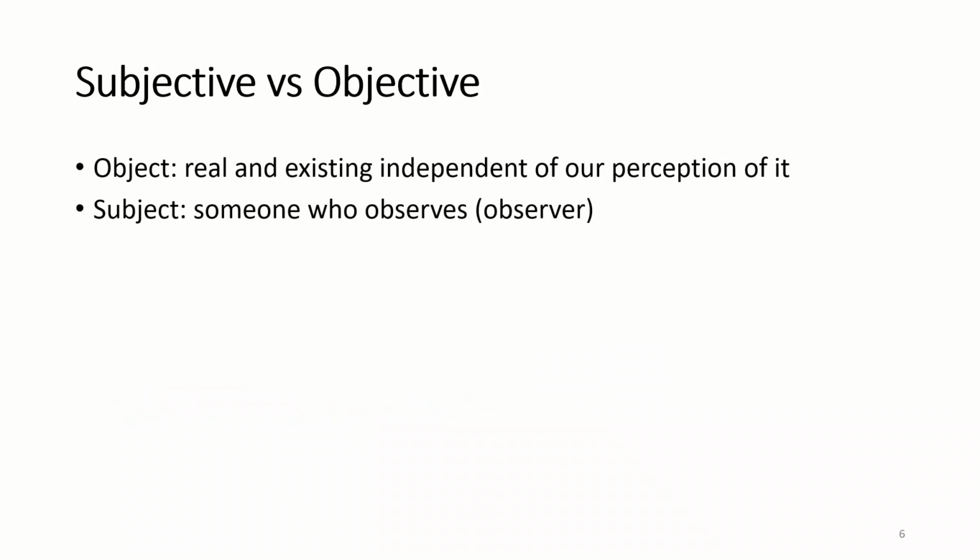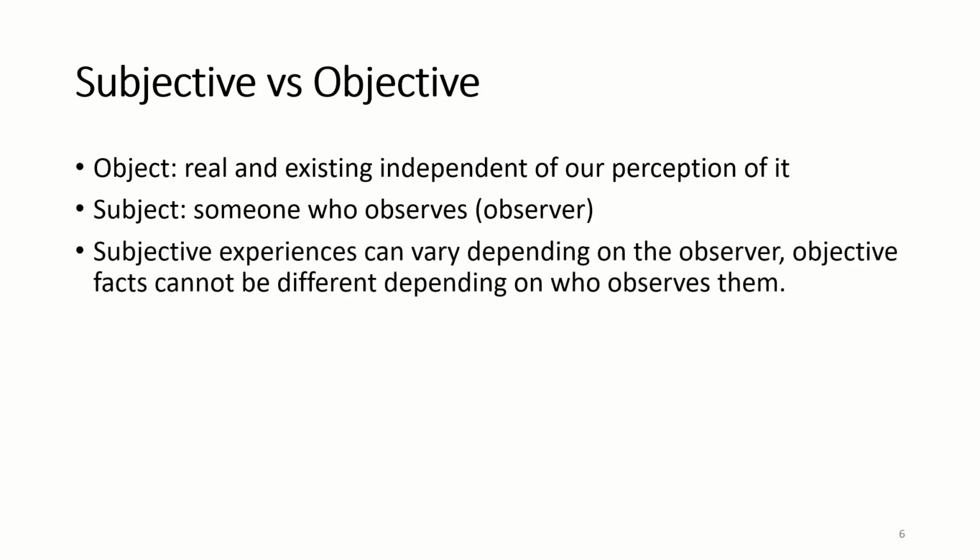We have two kinds of thinking, like a point of view: the subject's point of view or the objective point of view. Subjective experiences, being from an observer's point of view, can vary depending on who observes them. Like me, I can perceive an event in one way, and other persons can observe it in a different way.